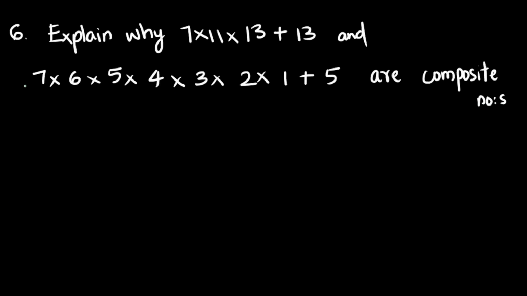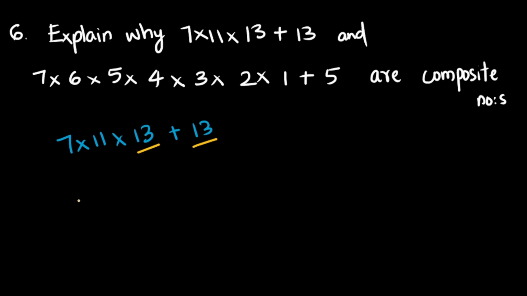Now this is the sixth question. Explain why 7 into 11 into 13 plus 13 and 7 into 6 into 5 into 4 into 3 into 2 into 1 plus 5 are composite numbers. This is the question. Okay, so I'll write here 7 into 11 into 13 plus 13, right? Here you can see that 13 is here, also 13 is here, right?